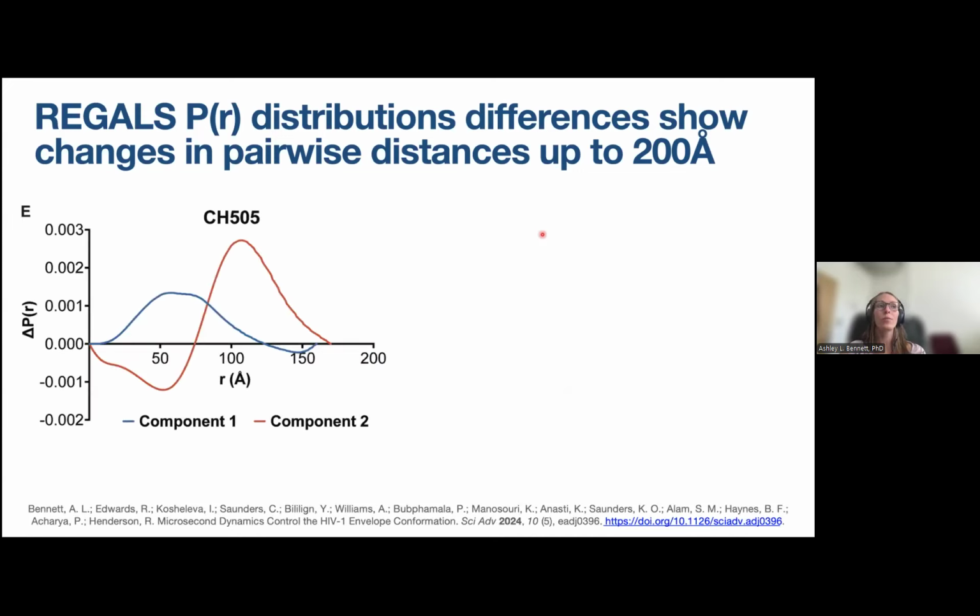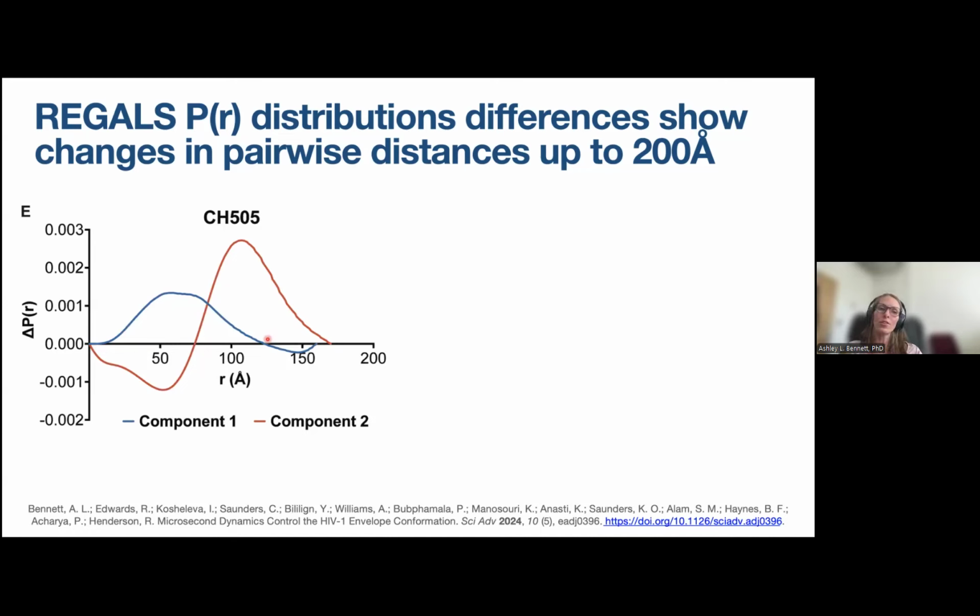So for the CH505 variant of envelope, this is a little bit confusing, because of how the difference curves are calculated.